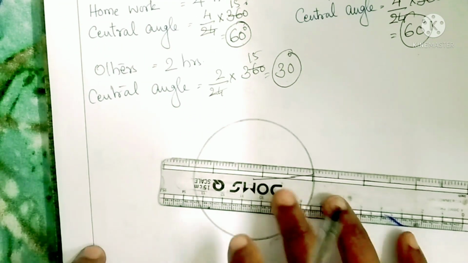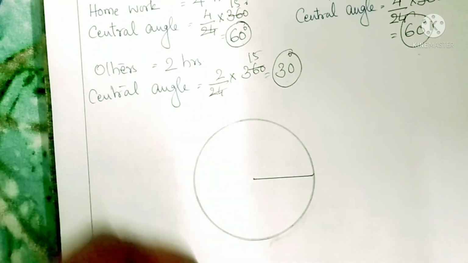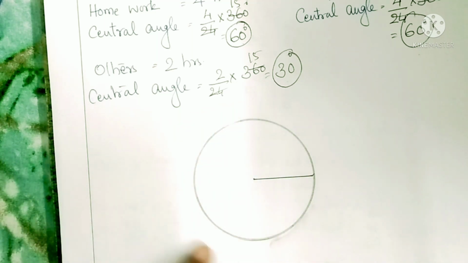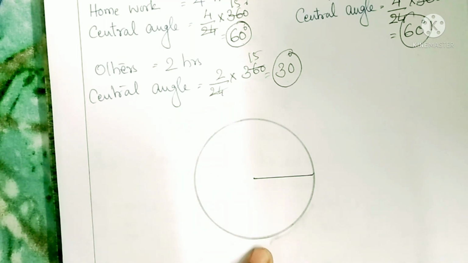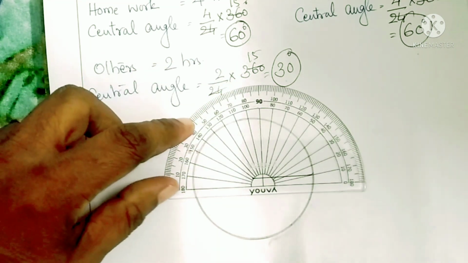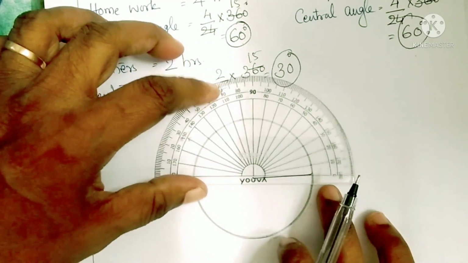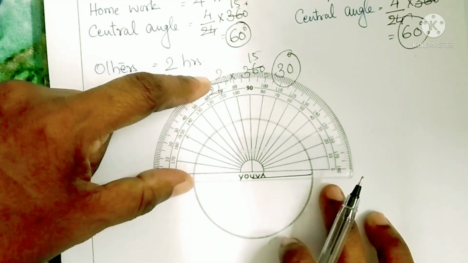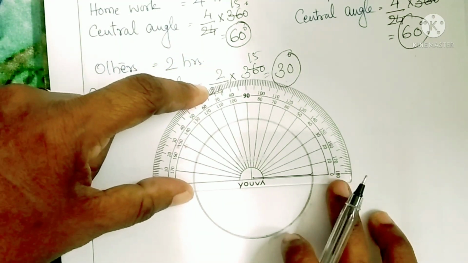So how will you do that? First thing we have to do is draw a circle of any radius and draw any one of its radii, and then use a protractor. You know what a protractor is? A protractor is used to draw angles of given measures.